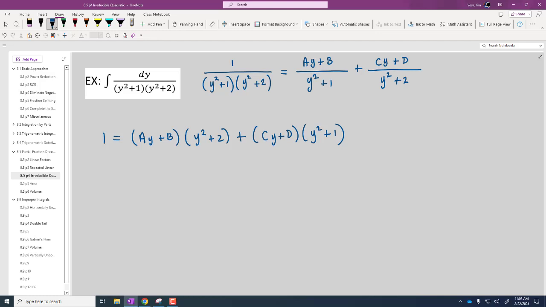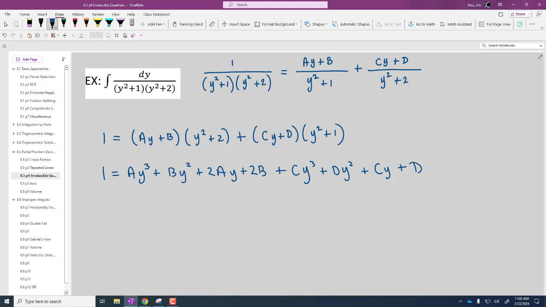So no choice here, you've got to FOIL it out. There's the foiling.